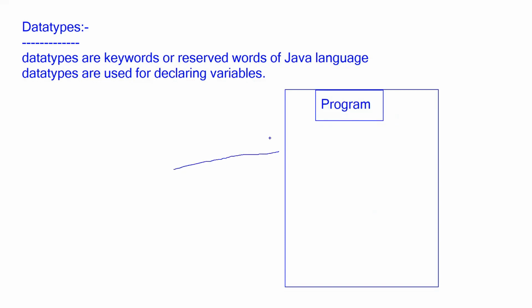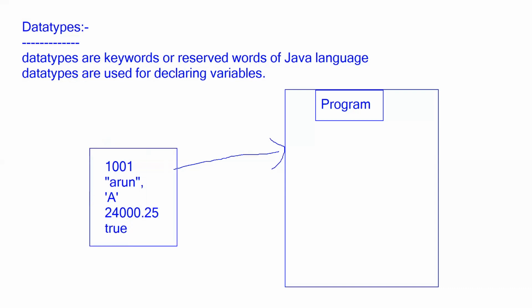The different types of data can be like 1001, Arun, a grade of a student like A grade, the salary of an employee like 24,000, and a logical value like true. So these are all different types of data, and they are given as input to the program.